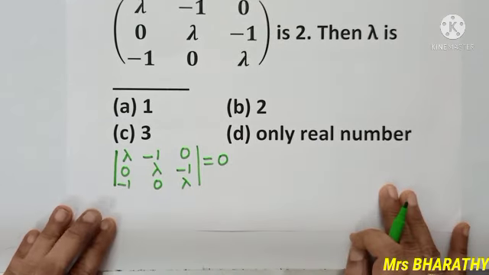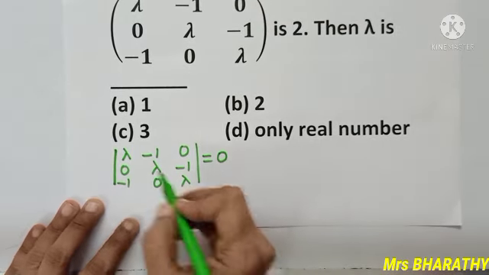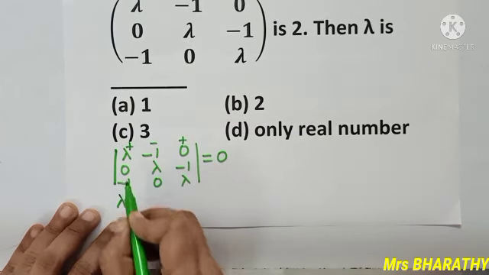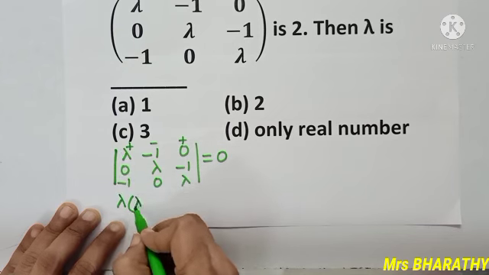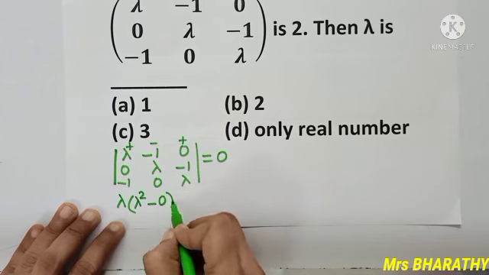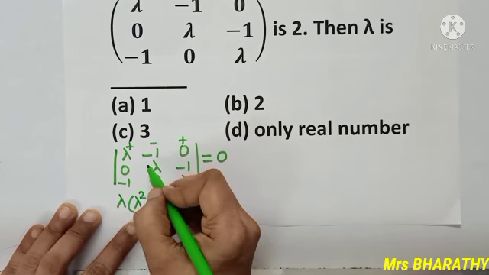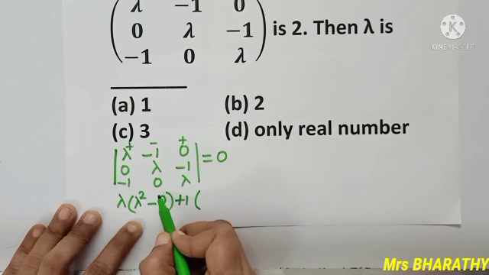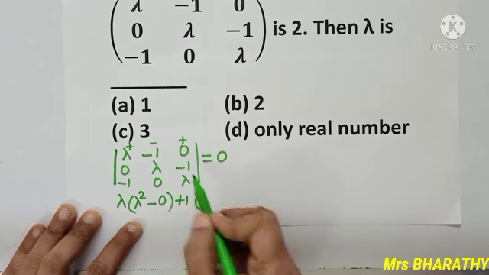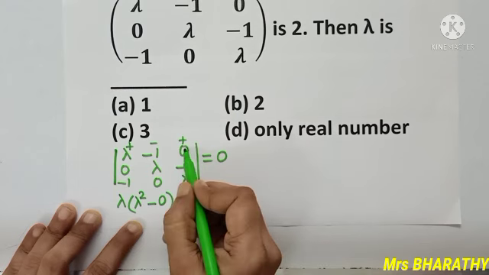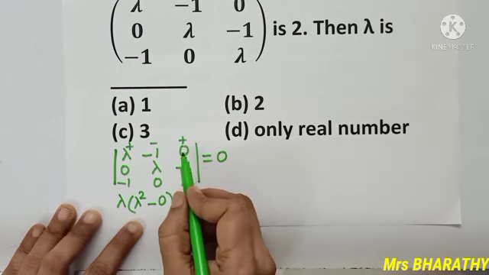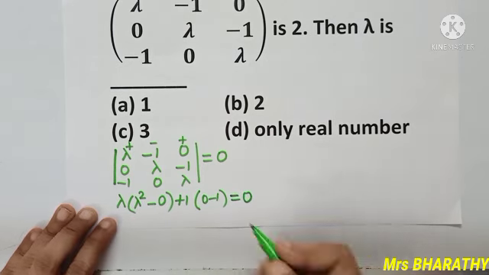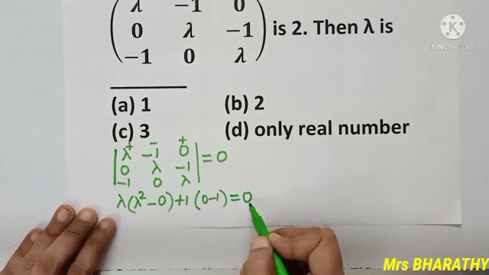As I expand, I get plus minus plus. Lambda into, hide the row and column, it is lambda square minus 0. Minus of minus 1, I will write plus 1 into, hide the row, hide the column, 0 minus 1. 0 into anything is 0, so I need not multiply. My answer is 0.